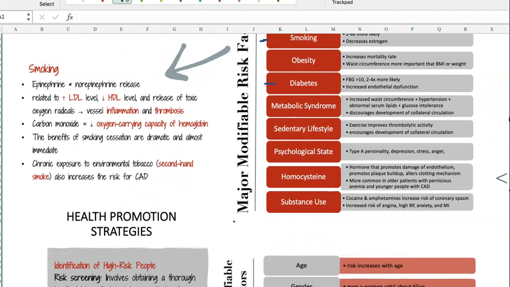And so when you have an increase in blood pressure, cardiac output, and cardiac workload because of that release of epinephrine and norepinephrine, you're going to have an increase in the damage to that endothelium. It also has an effect on the release of free radicals. So it contributes to the inflammation and the thrombosis and what have you.